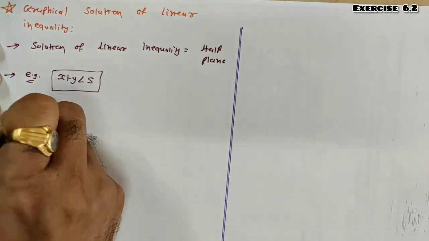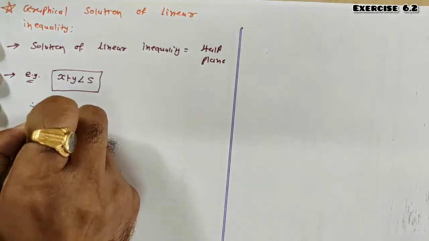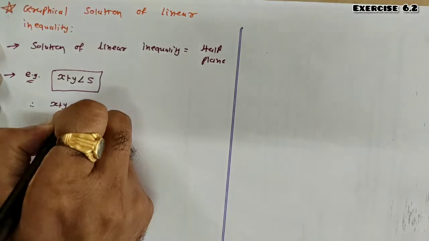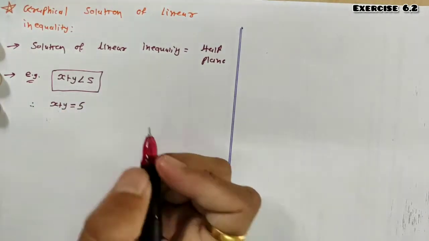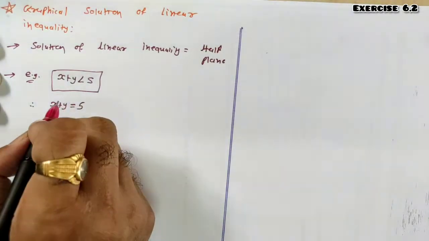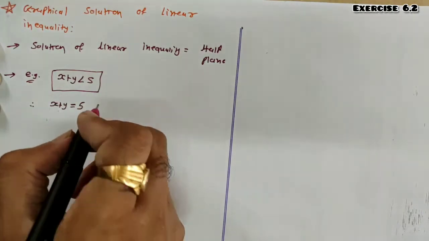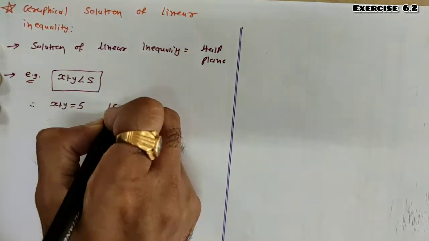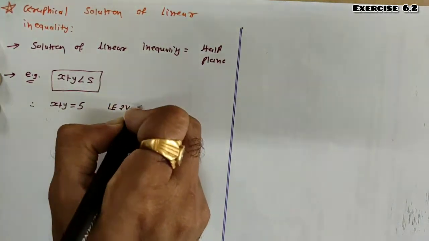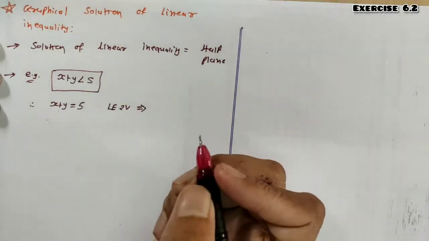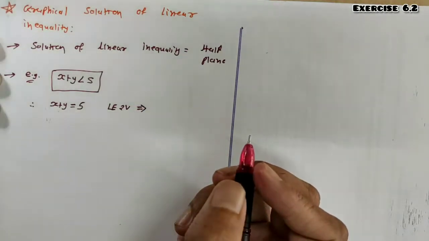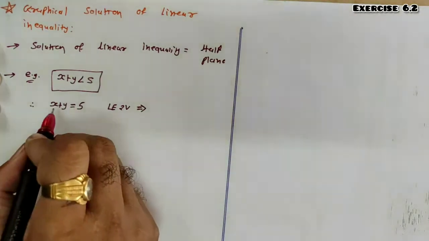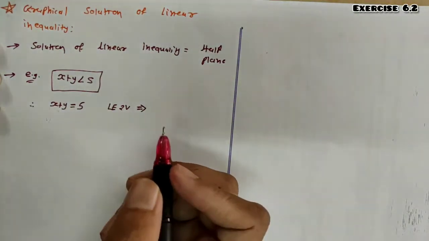If we are having one equation x plus y equal to 5, instead of an inequality, then what is the solution of this linear equation in two variables?